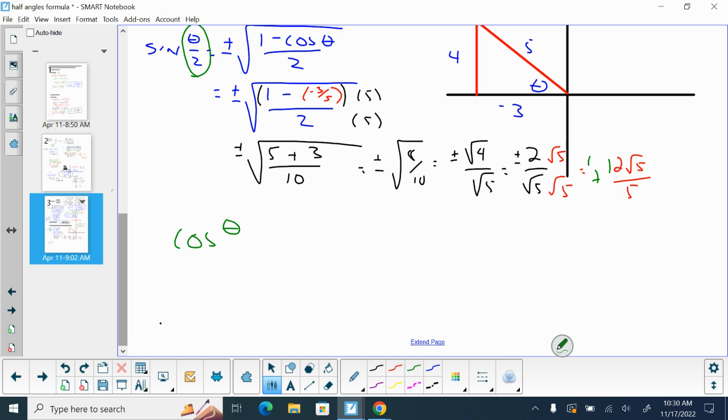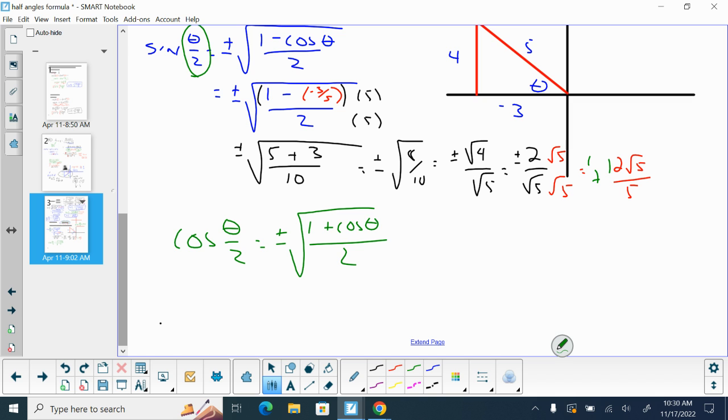Cosine of theta over 2. It's the exact same process. So you have 1 plus a cosine of theta divided by 2. Our cosine of theta, once again, is negative 3 over 5.